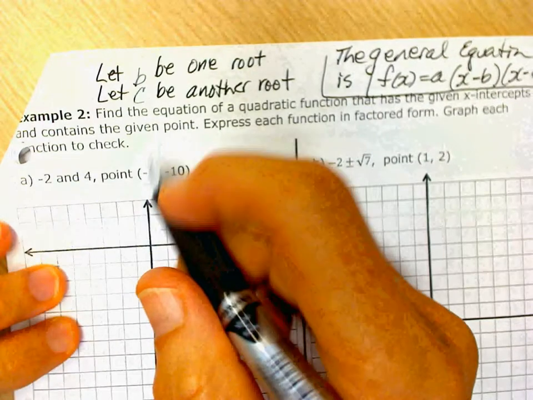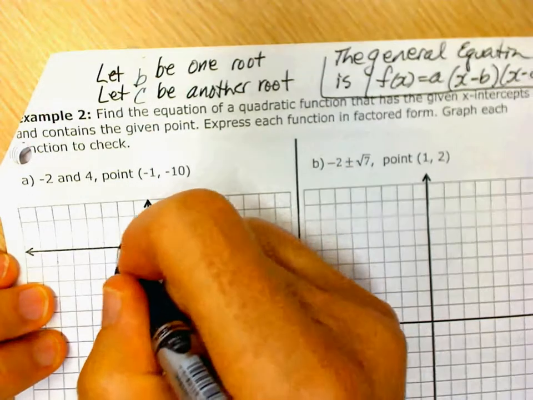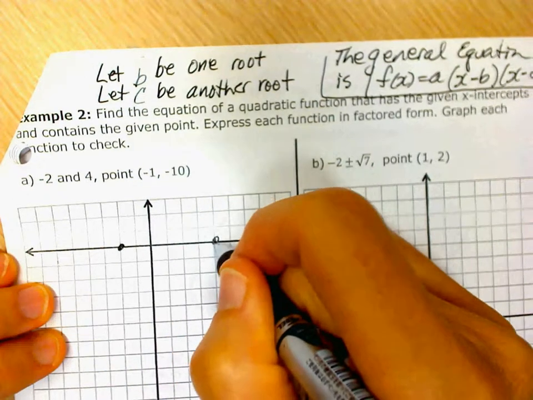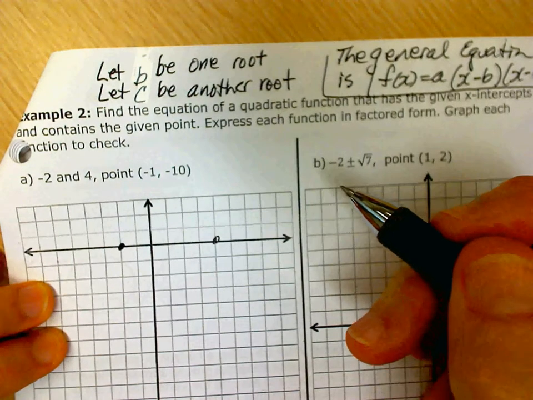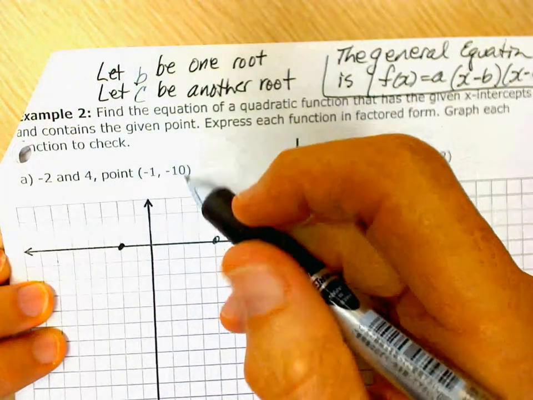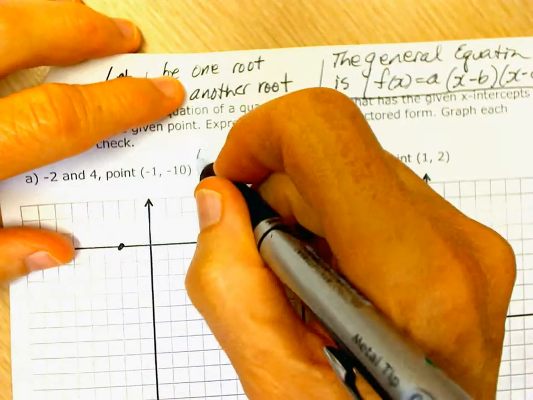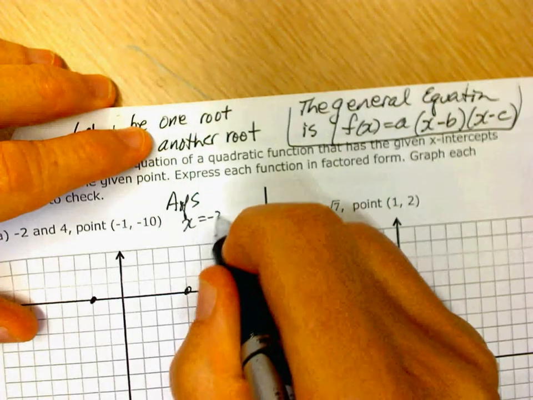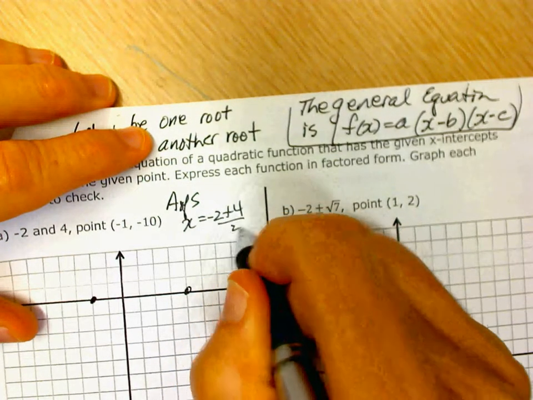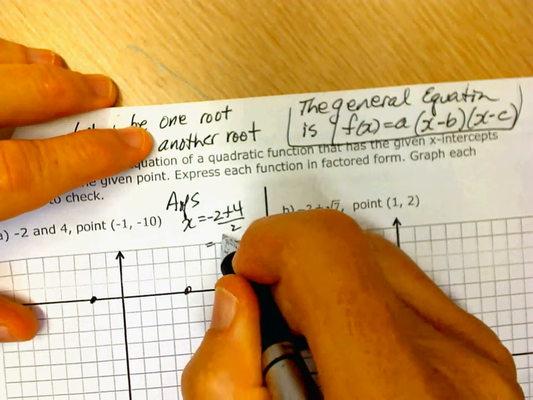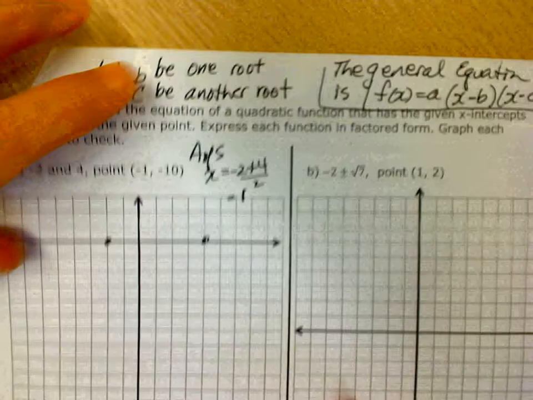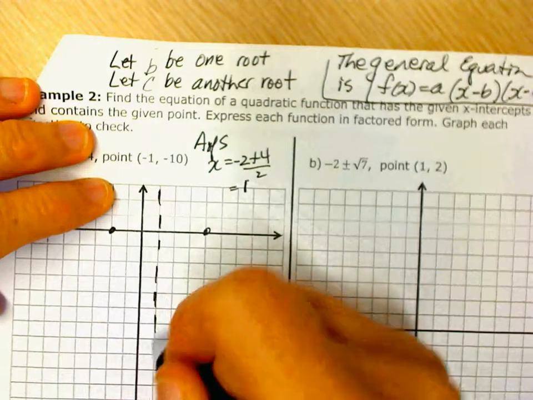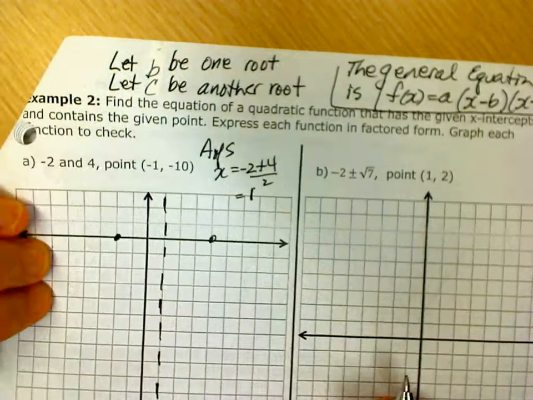Let's just graph it. x equals -2 and x equals 4. So we know our axis of symmetry occurs at x equals -2 plus 4 divided by 2. That is, the axis of symmetry is x equals 1. We just have to find out where that vertex is.